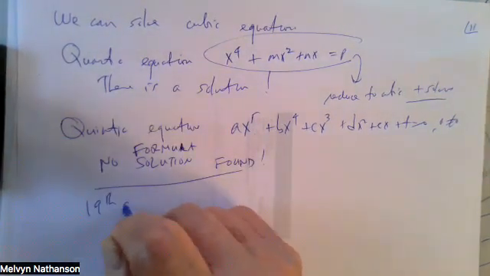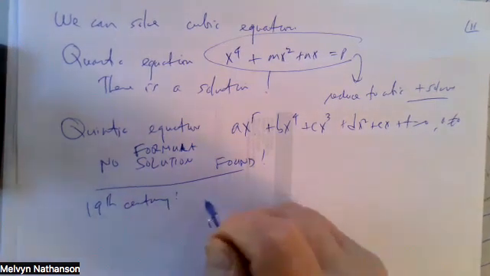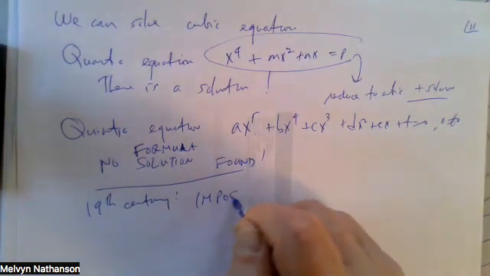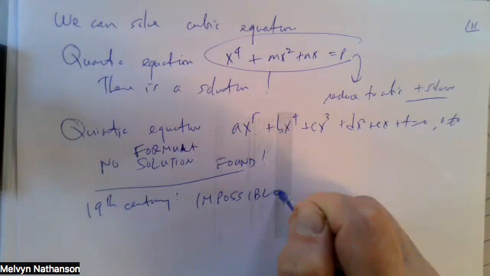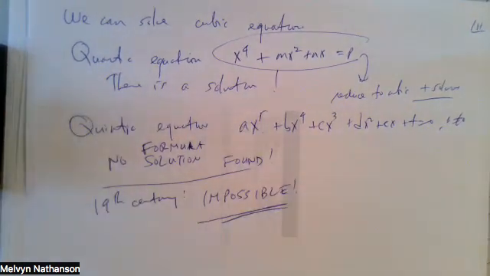And in the 19th century, it was proved impossible. So it's not that no one was ever smart enough to figure out how to solve the general 5th degree polynomial. Turns out it's impossible to do.